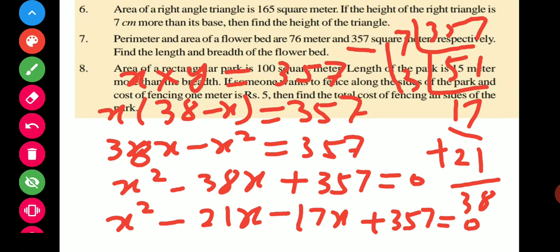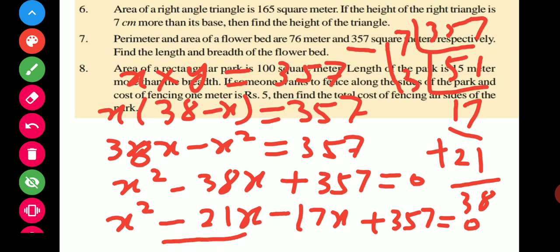So what will happen in this question? Now come to the factorization.